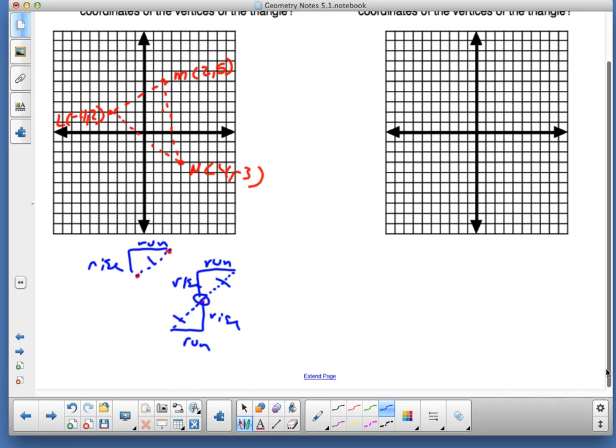Okay? So now, what I want you to recognize is I've got this side based on the information provided. And then, based on this other stuff, I know this segment's slope.